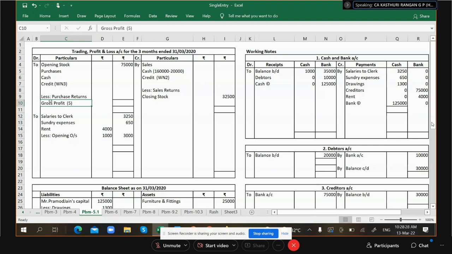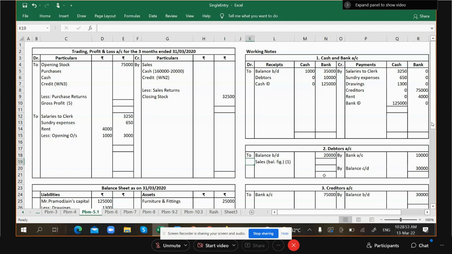Therefore, how do we find sales and purchases? You see, in the debtors account, that is working note number 2, opening debtor is given, closing debtor is given, cash from debtor is also given. Can you find out the credit sales? Yes, very much possible. What is the entry?